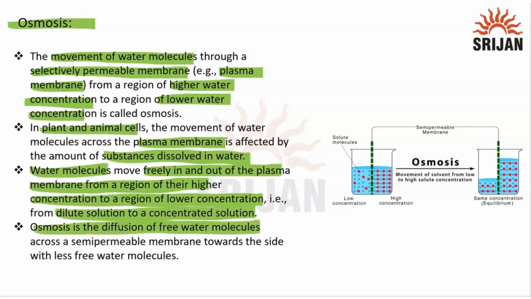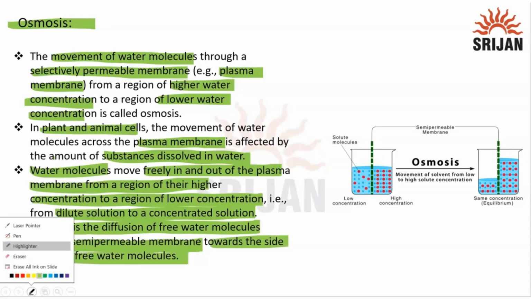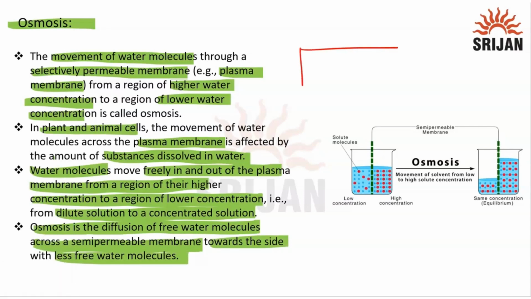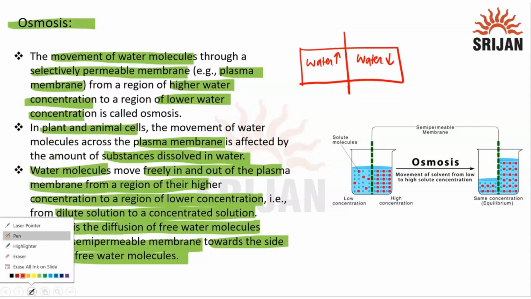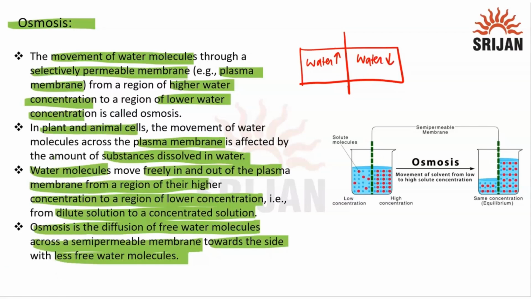Osmosis is a diffusion of free water molecules across the semi-permeable membrane from the side with more to the side with fewer free water molecules. So what they are basically saying, just think of a scenario where this is the selectively permeable membrane, and here the water molecules are high in number and here the water molecules are low in number. So the water molecules will pass from the higher concentration to the lower concentration across the selectively permeable membrane.